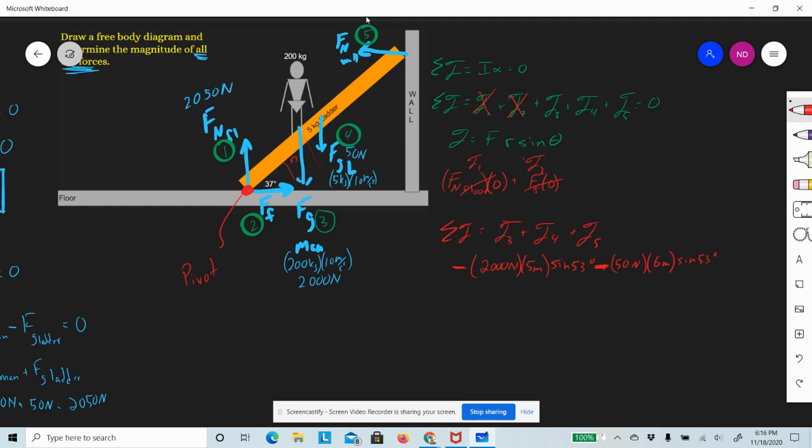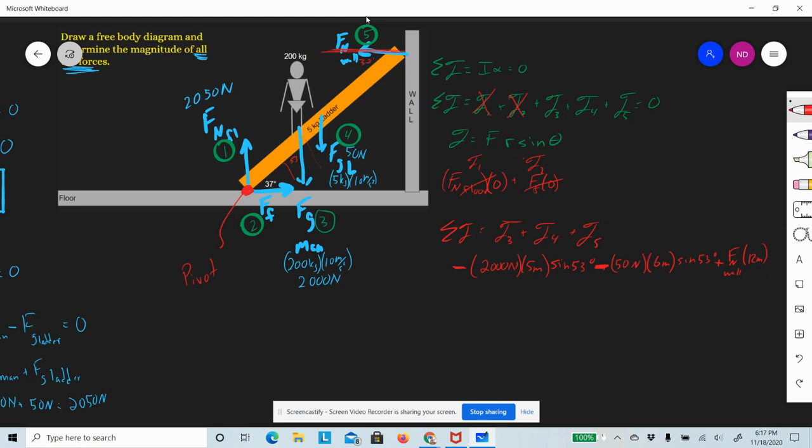And then the normal force on the wall would produce a counterclockwise rotation. So it's going to be the normal force from the wall times 12 meters. It's 12 meters away from our pivot point, all the way at the end. And this time, what angle are we going to deal with here? It's going to be the sine of 37. If you think about this line here, this angle in here is going to be 37 degrees.